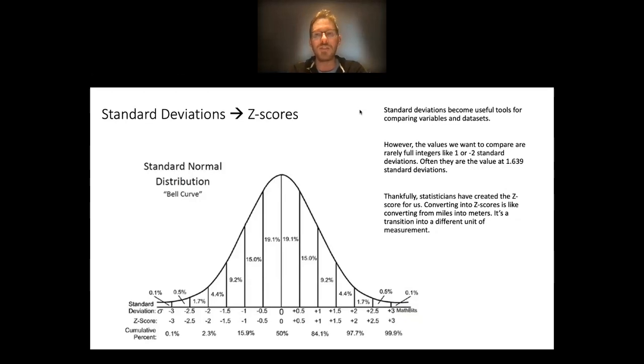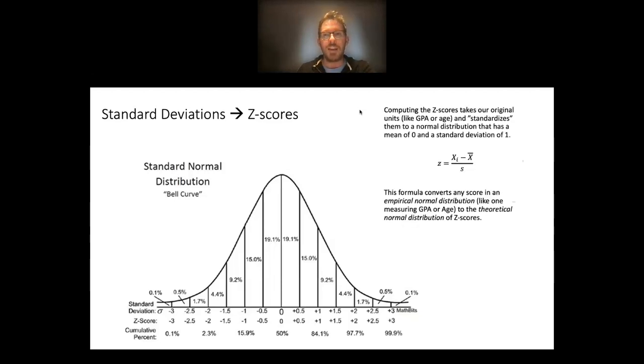It's called the z-score. When you find your standard deviation, the z-score is the same thing, but you can use it to calculate the percentage of cases within the area under the curve, okay?